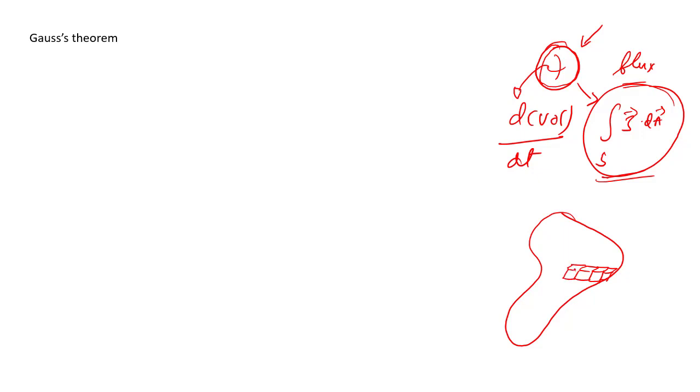I'm taking one cube, which has a volume of delta V, the total volume divided by the number of elements. I'm calling the flux for that tiny volume the closed surface integral of J dot dA, integrating only over this tiny volume element.